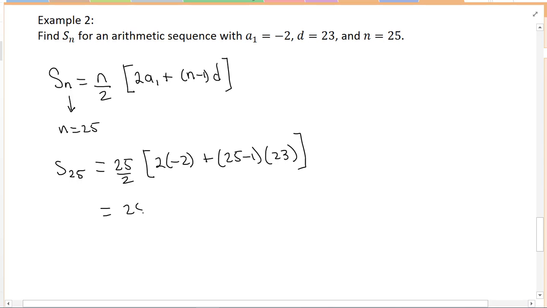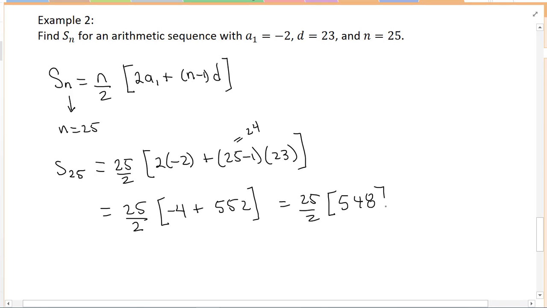And we simplify this. 25 is not easily divisible by 2, so I'm going to leave it like that and hope that this is an even number. 2 times -2 is -4, plus this is 24 times 23. So 24 times 23, when you do that on the calculator, you get 552, or if you do it by hand. And so I get 25 over 2 times -4 plus 552 is 548.